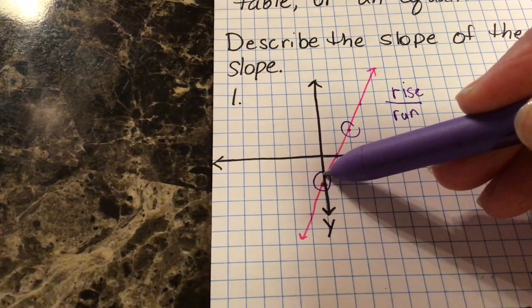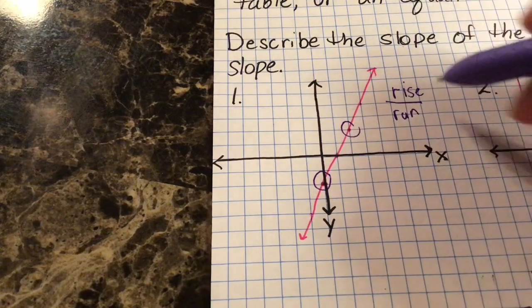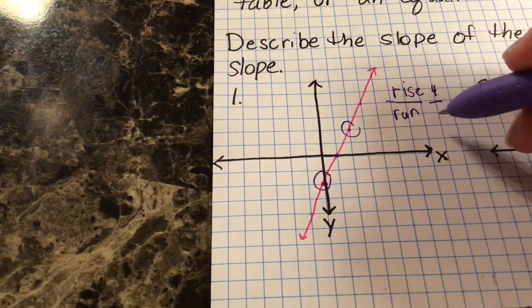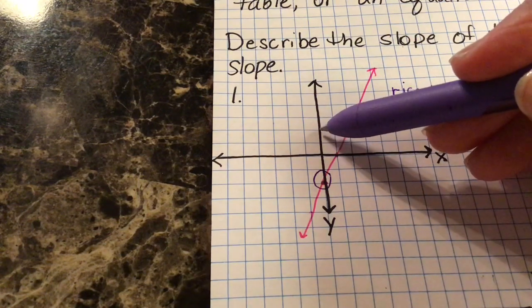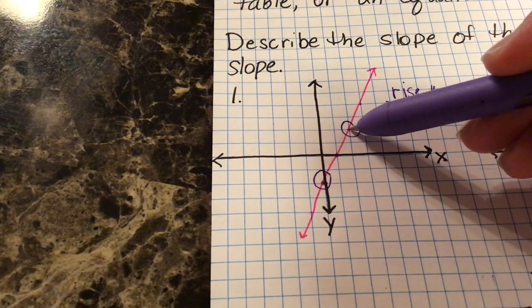I rise 1, 2, 3, 4 units. So my rise here is 4. And then for my run, from where I stopped counting the rise, I'm going to count how far it takes me to run to this point.